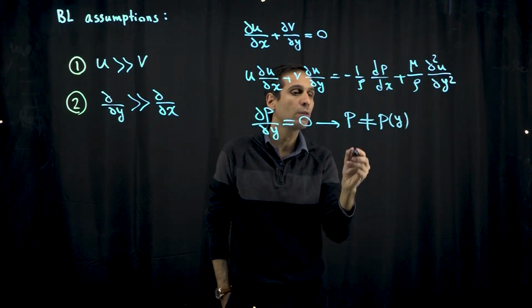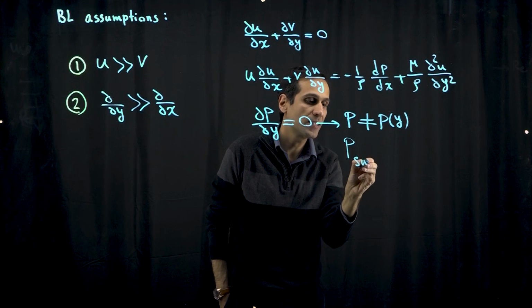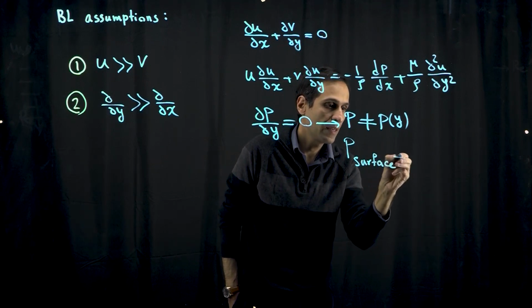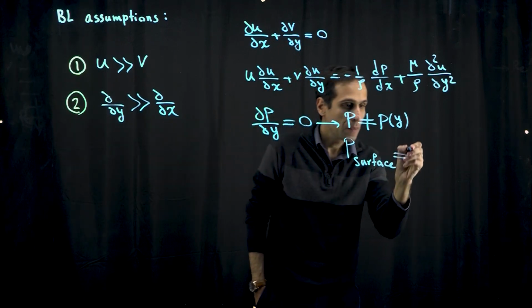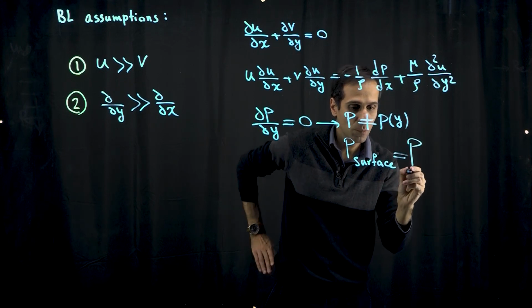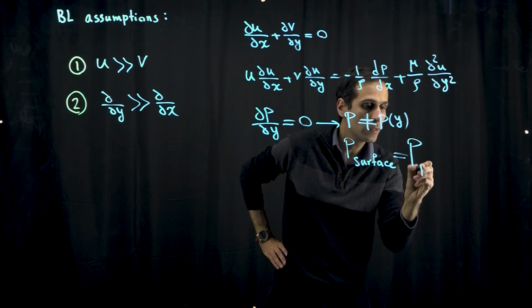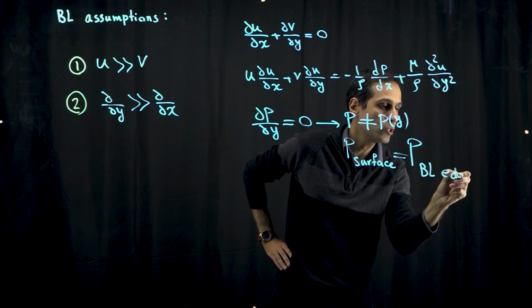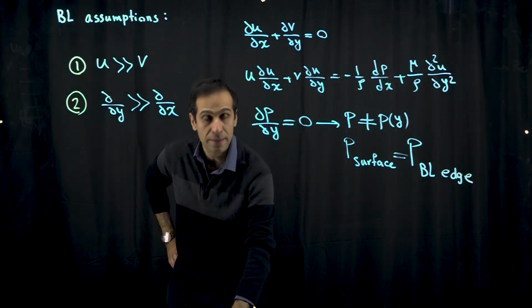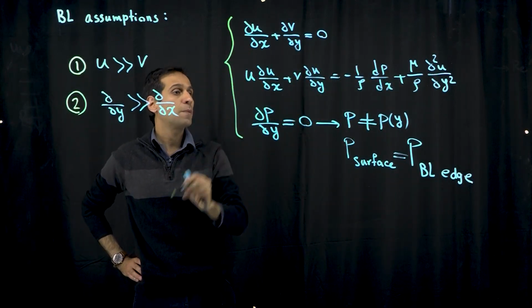In other words, p on the surface can be assumed from p at the boundary layer edge. It's a good achievement. Let's explain what they are.